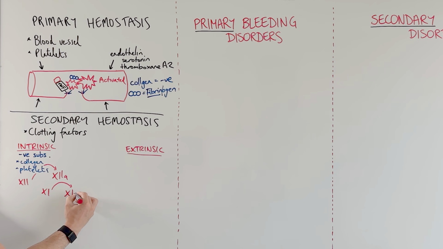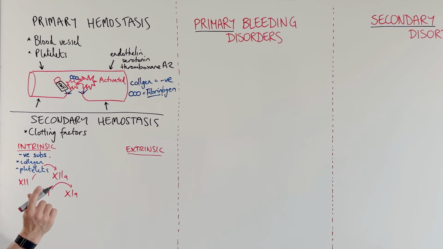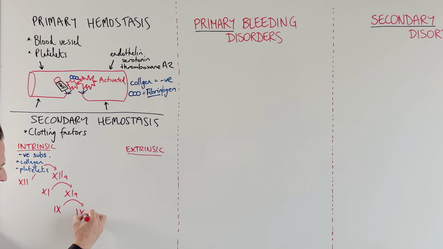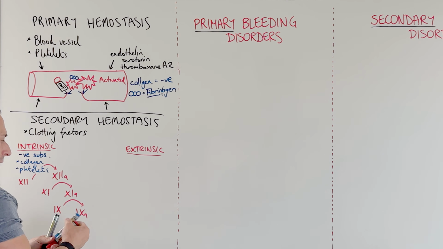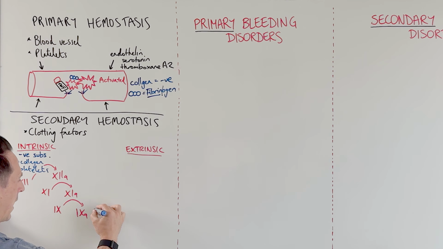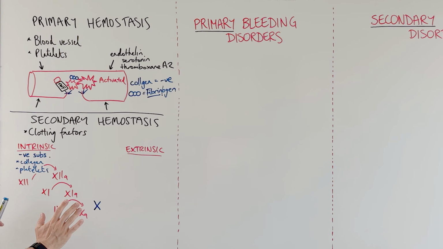How good's that? Now I've got activated 11. What happens now is 9. I missed 10 on purpose. 9 flies past and gets activated by 11, and now I've got activated 9. Now here's the thing. X marks the spot. I'm going to draw X here, or 10, right? Let's leave this for the moment.